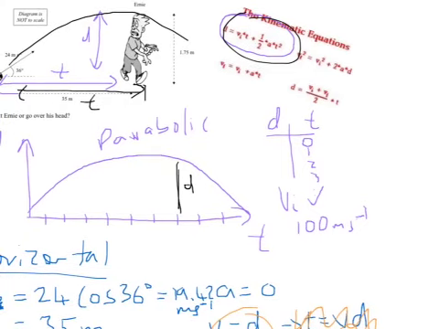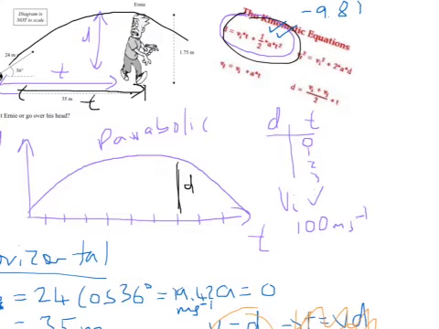Let's just go across to the side. We're now in a position where we've got almost everything that we need. We've got the time, we've got the acceleration, which is just negative 9.81. We just need the initial vertical velocity.